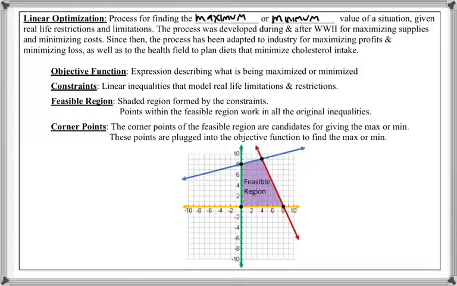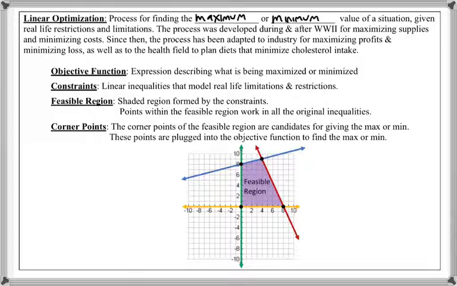Points within the feasible region work in all of the original inequalities. In the previous section we were graphing inequalities, and we had to shade above and below, and then we had the intersection of the shadings. Here we have enough linear inequalities that the intersection of all of the shadings actually forms a shape, and that shape is the feasible region.